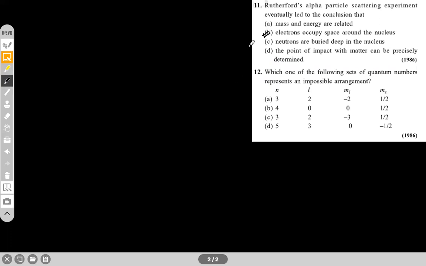Rutherford's experiment was the alpha particle scattering experiment.